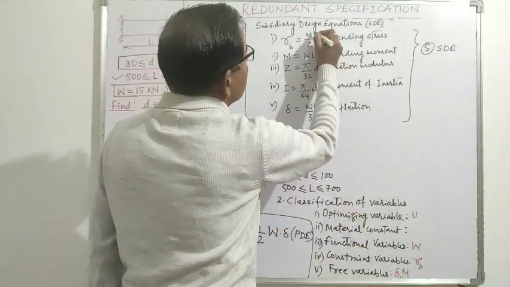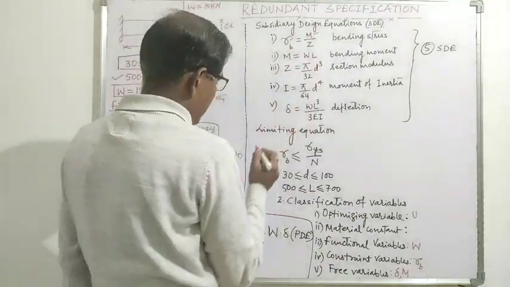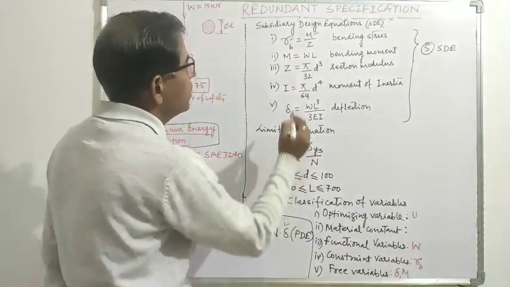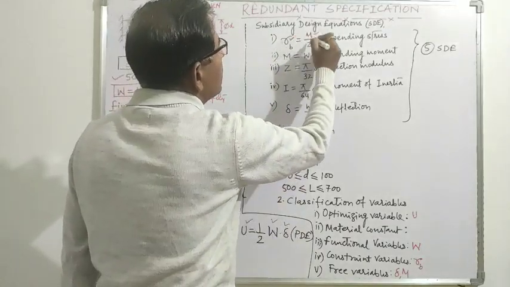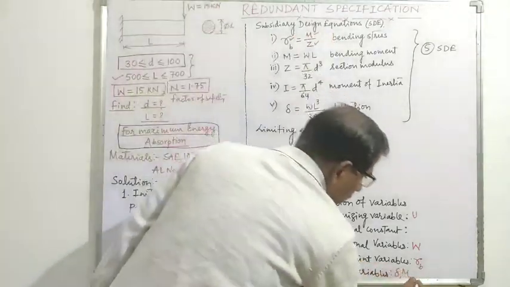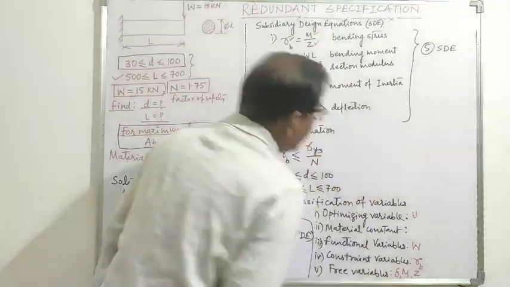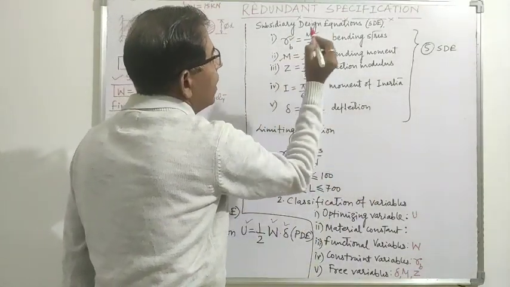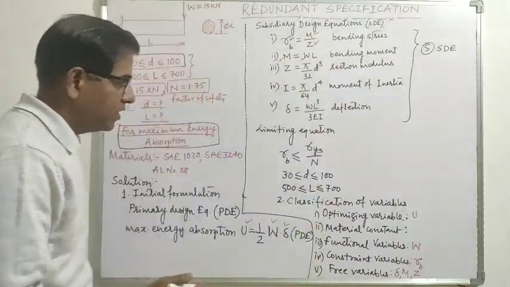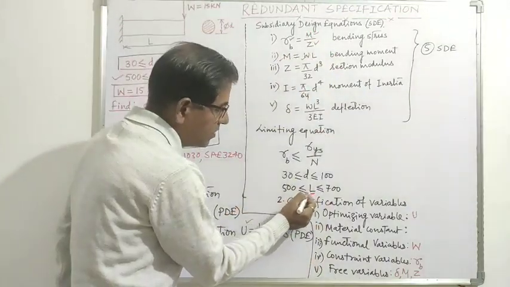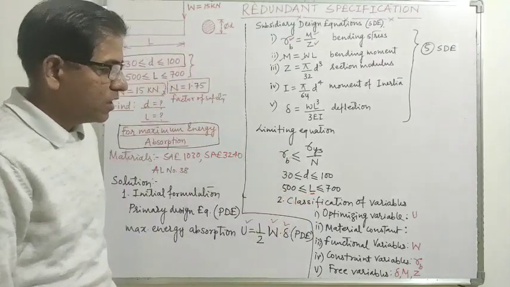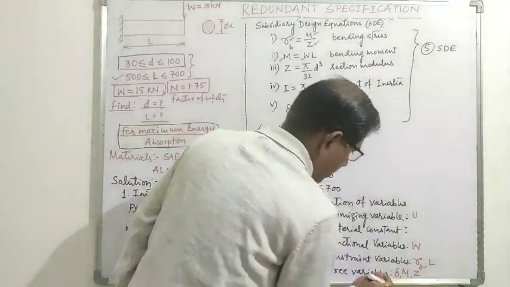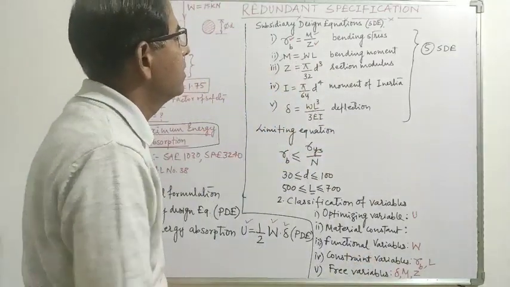Then Z. This we have covered. Z is also a free variable. Then M is done, W is done, L. Since a limit is imposed, a constraint is imposed, that is why L is a constraint variable.